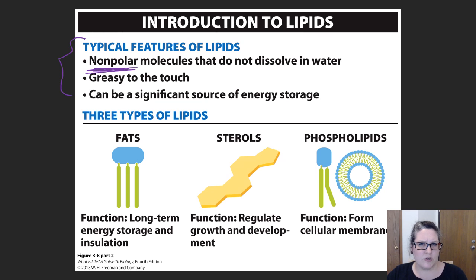We talked in chemistry about how water is a polar molecule, meaning it has a slight positive charge in some areas and a slight negative charge in others. So the oxygen having slight negative, hydrogen having slight positive. Well, lipids don't have anything like that.